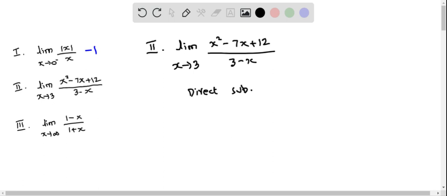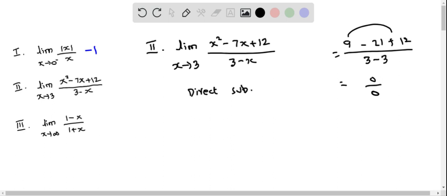In the numerator, we will have 3 squared, which is 9, and 7 times 3 is 21, plus 12, over 3 minus 3. So basically we get 9 plus 12 is 21, 21 minus 21 is 0. And in the denominator we also have 3 minus 3, which is 0. So we get a form that is 0 over 0.